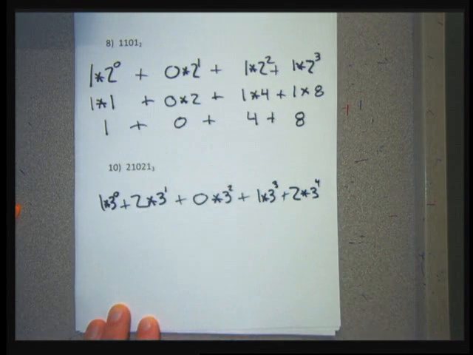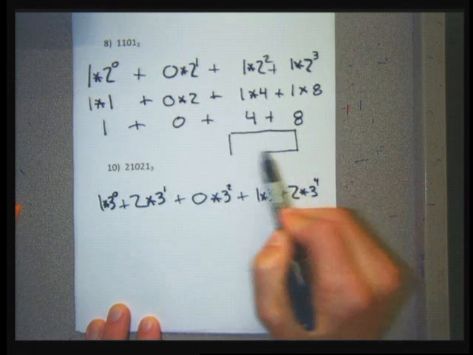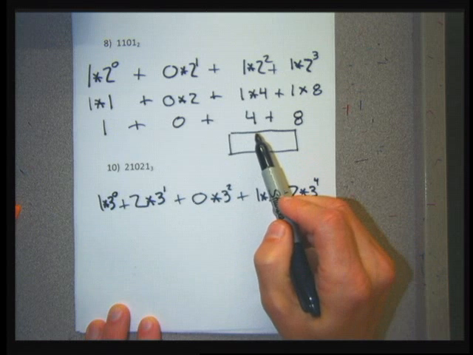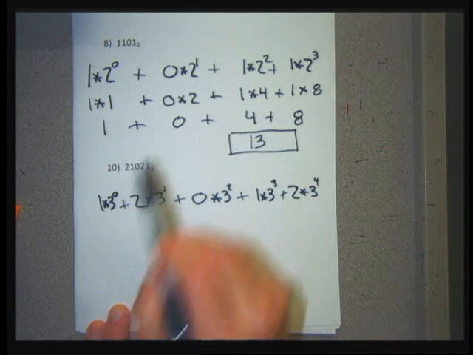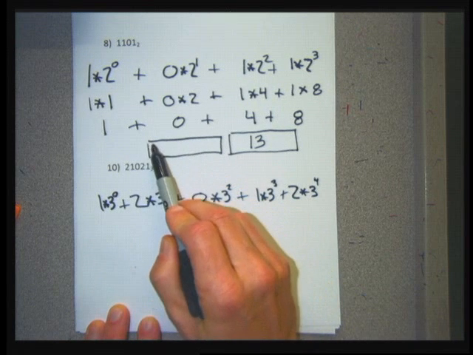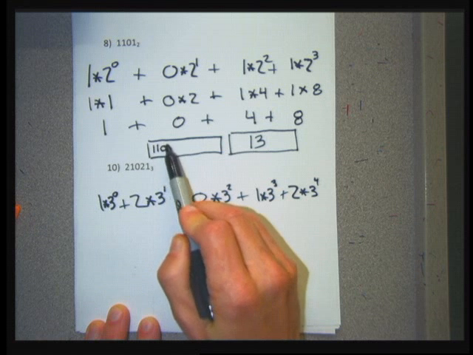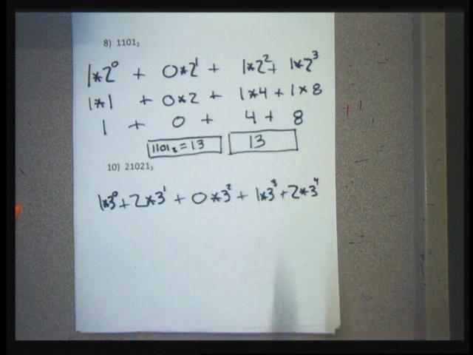So 1 plus 0 plus 4 plus 8 is 13. The answer to problem 8 is 1101 base 2 is equal to 13. That would be all you need to write for an answer. It wouldn't be wrong if you wrote the problem and said 1101 base 2 is equal to 13. Then you don't need to write the base 10.